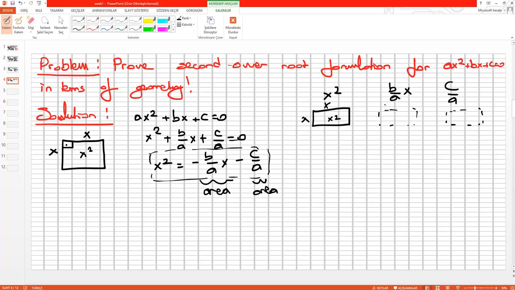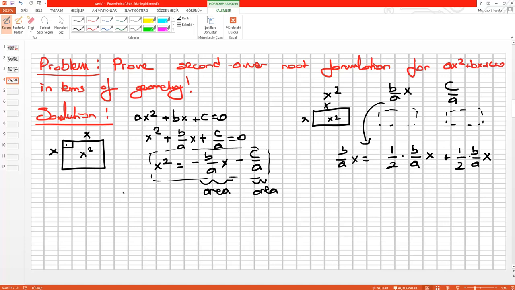We can split this term into two parts: 1 divided by 2 times (b/a)x plus 1 divided by 2 times (b/a) times x. Okay, we can write it, right?